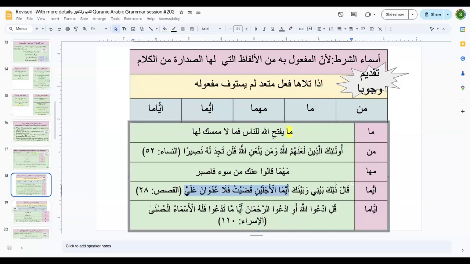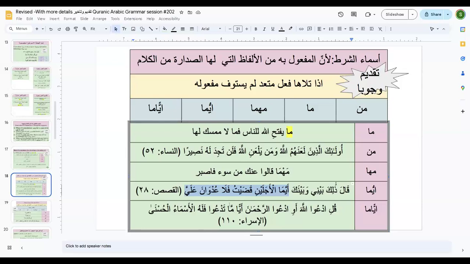So here ayyamma, what is the role of ayyamma when you look at it in the context of tad'u? Ayyamma is maf'ul bihi for fi'l tad'u. Whatever you all call, whatever you all call.